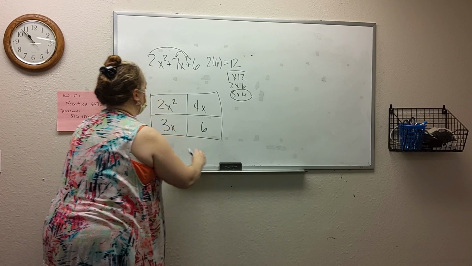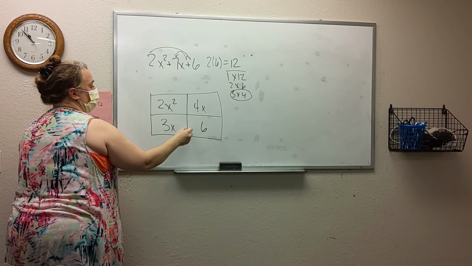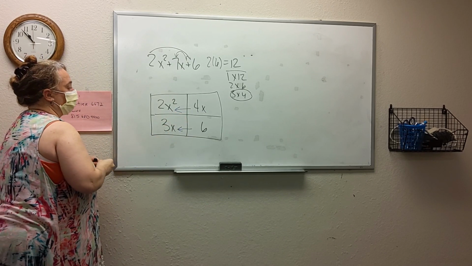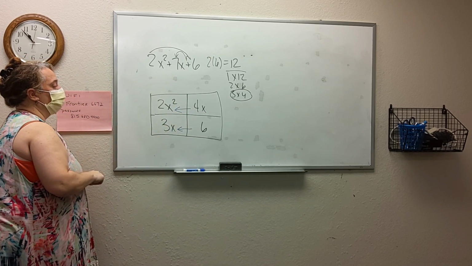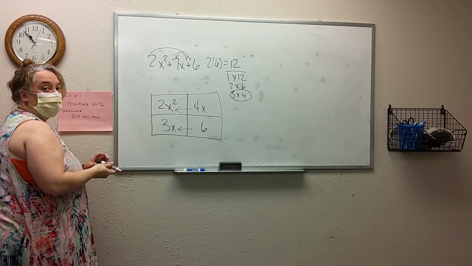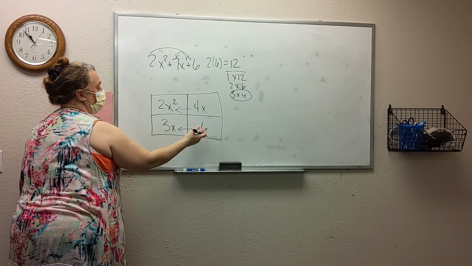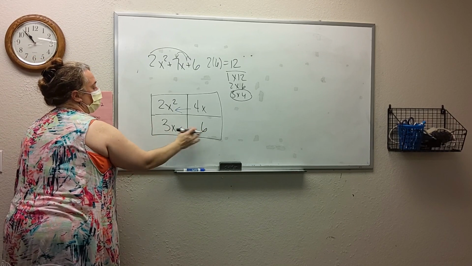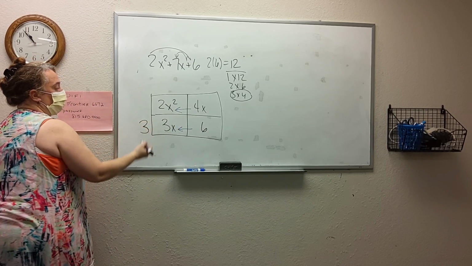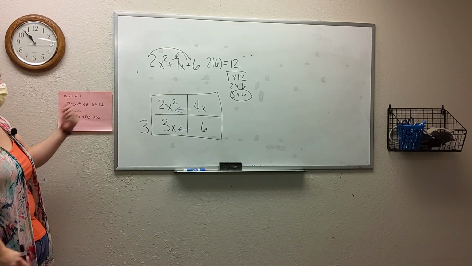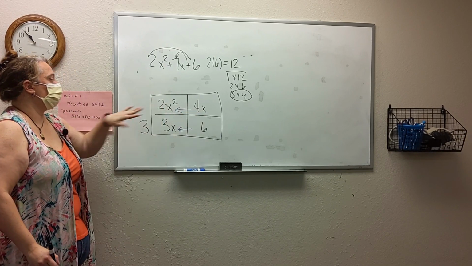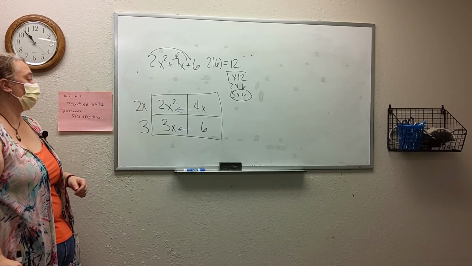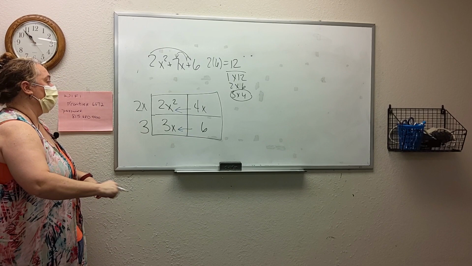Now, we are going to factor to the left, and then we're going to factor up. So we start by factoring to the left. We're factoring out the GCF. If we factor to the left, we're looking for what goes into 6 and 3x. So 6 and 3x, we can take out a 3. Come across the top, 4x and 2x squared, I can take out a 2x. Now let's go up.